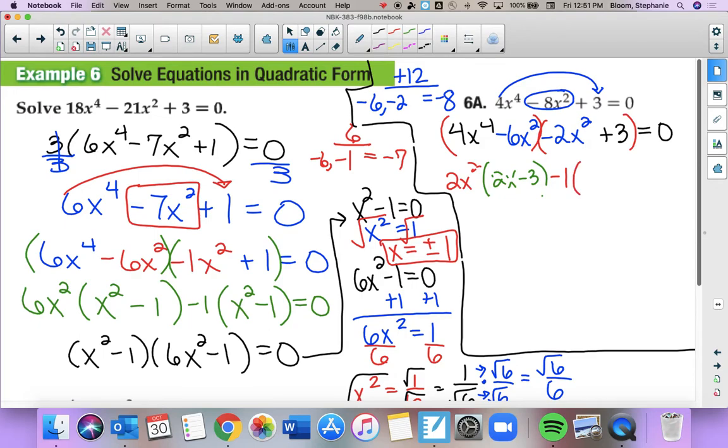Yeah, you can do the other way around. You'll get the same thing inside. And then 2x squared minus 3. Okay, so I bring down 2x squared minus 3, 2x squared minus 1.